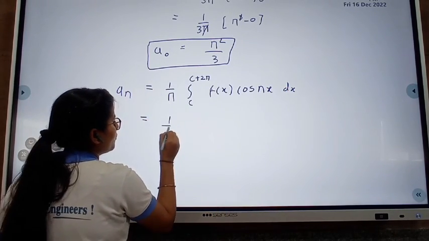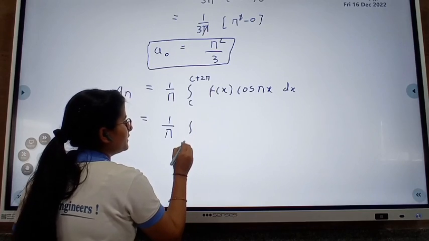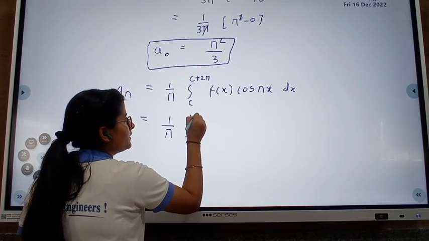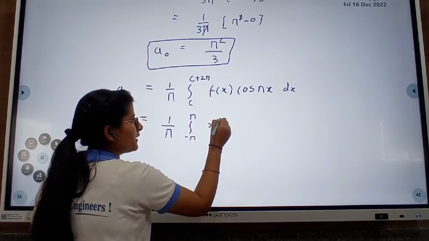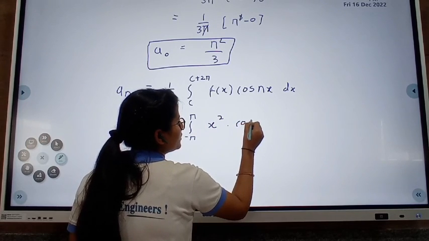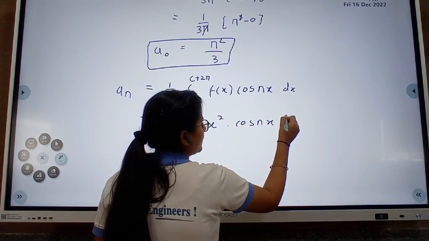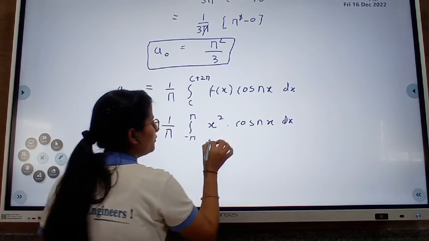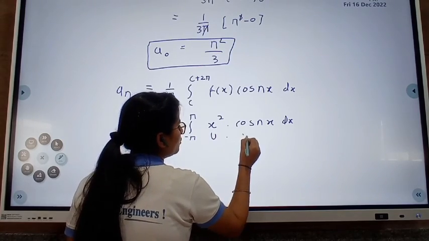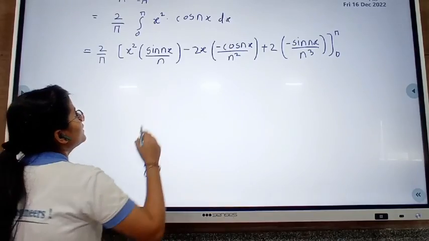So it will become 1 upon pi integration from minus pi to pi, where f(x) is x square, cos nx dx.